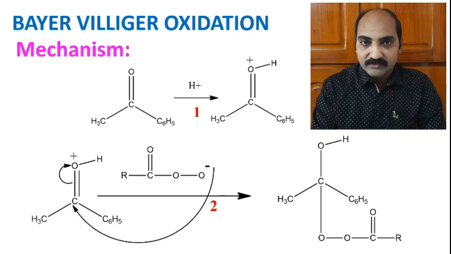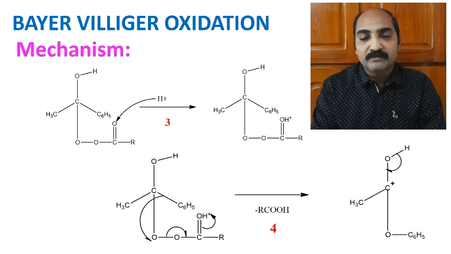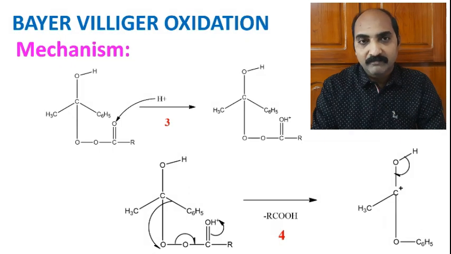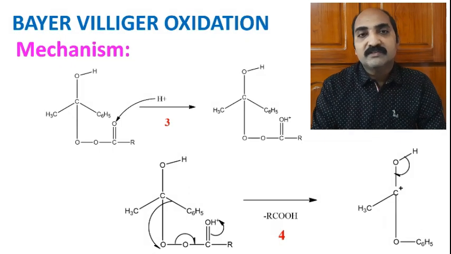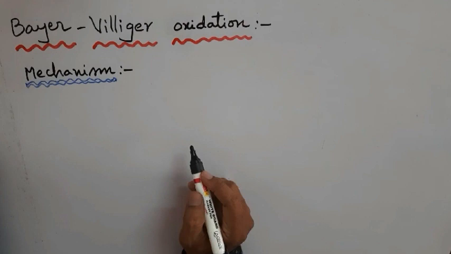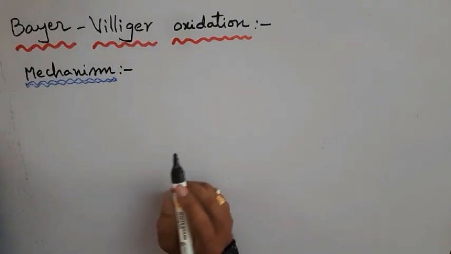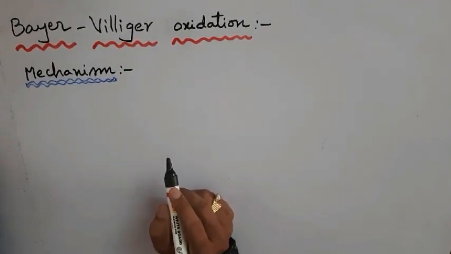Deprotonation occurs, followed by the migration of the alkyl or aryl group depending upon the priority. Then towards the end, removal of carboxylic acid gives us the ester of our choice. Now let us look at the mechanism step by step on the board.